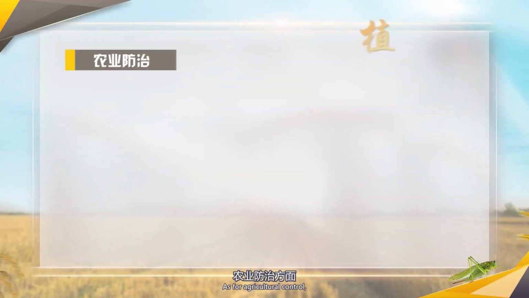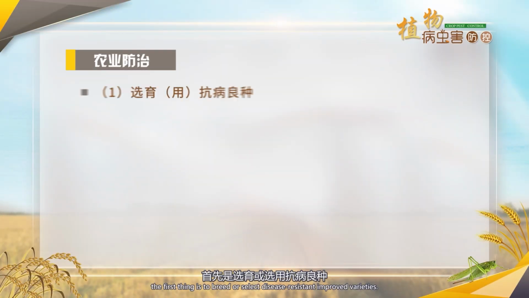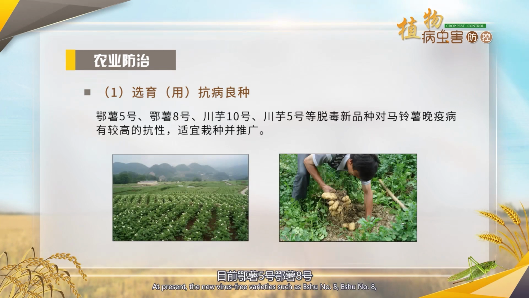As for agricultural control, the first thing is to breed or select disease-resistant improved varieties. At present, the new virus-free varieties such as Issue number 5, Issue number 8, Chuanyu number 10, and Chuanyu number 5 have high resistance to potato late blight and are suitable for planting and popularization.